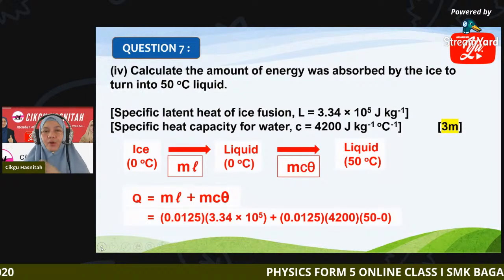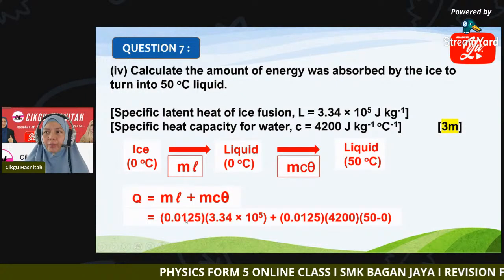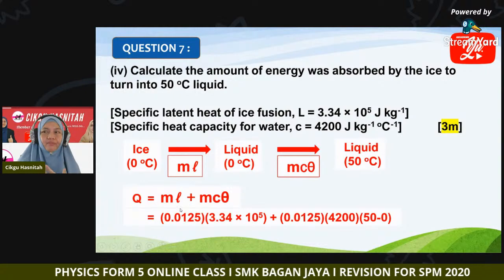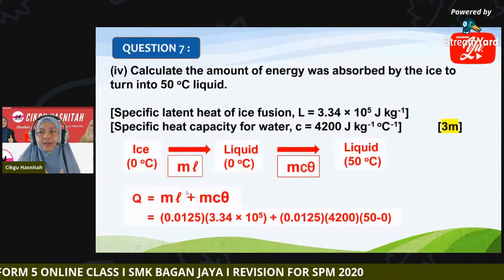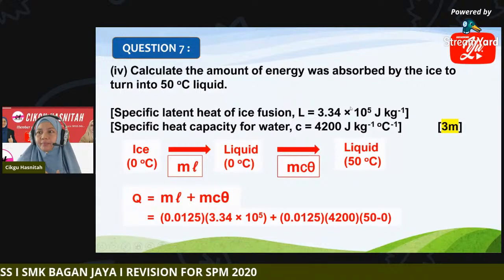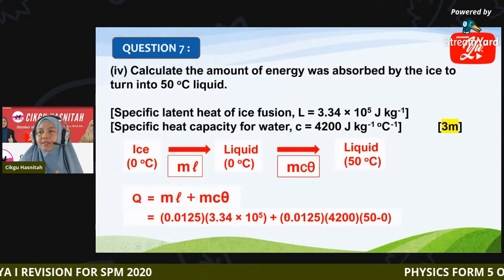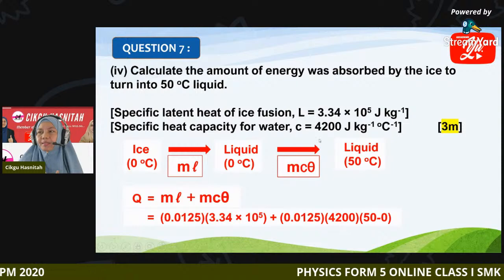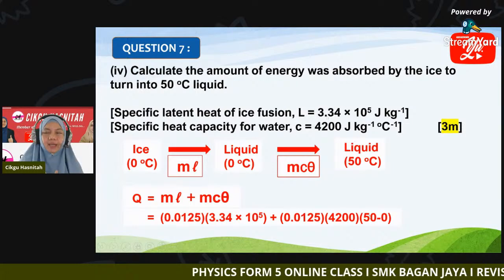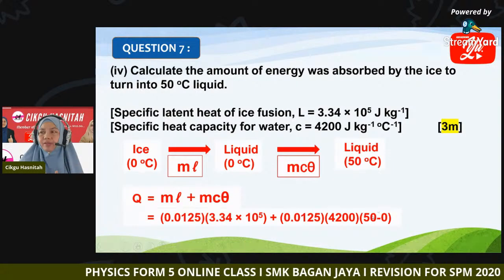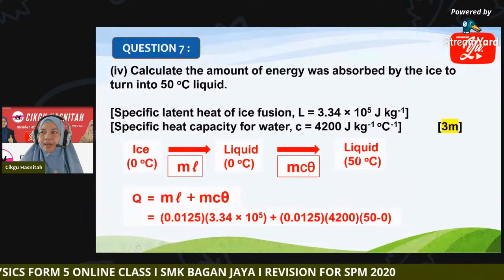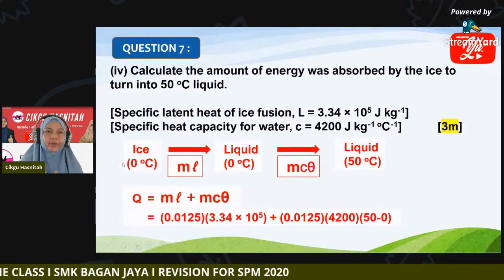So we convert into kg, 0.0125 kg. This is the latent heat of fusion. And for MC theta, the mass, this is the specific heat capacity for water, and this is the temperature change. 50 is the final, 0 is the initial temperature.